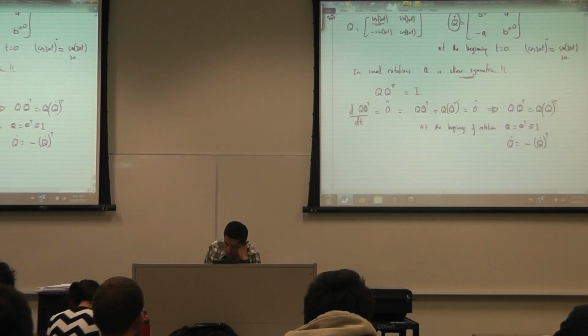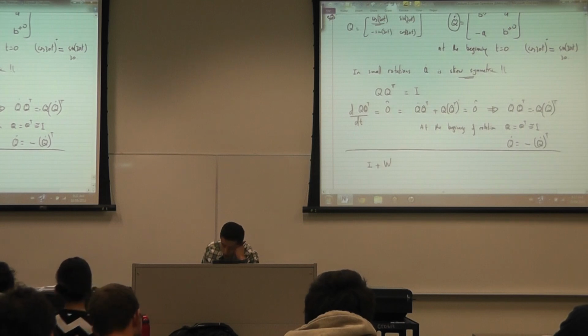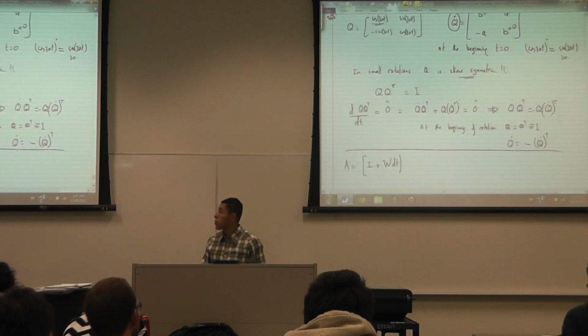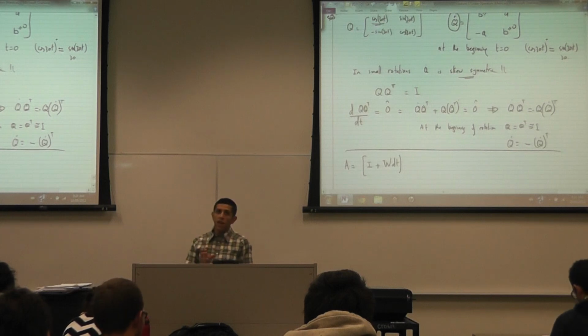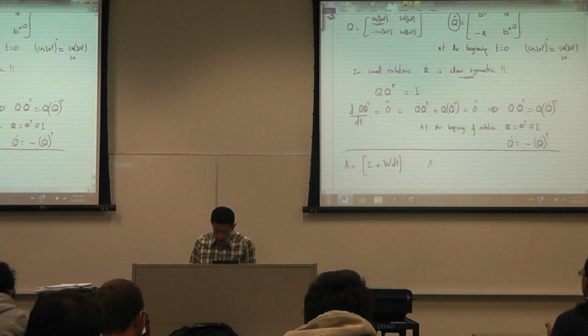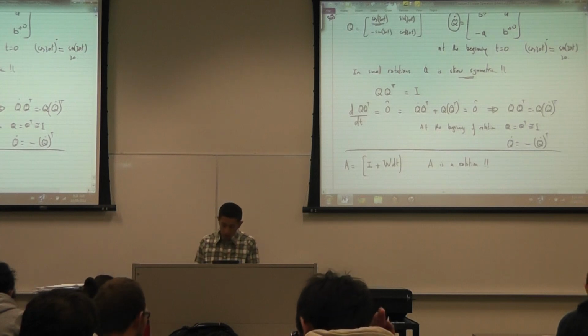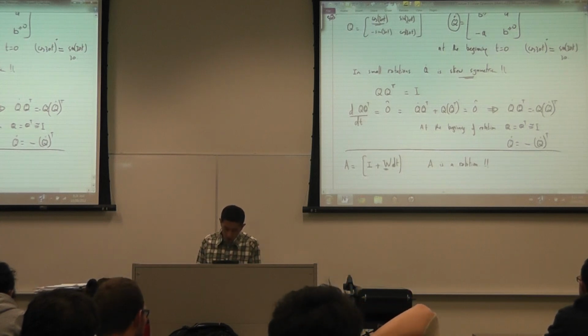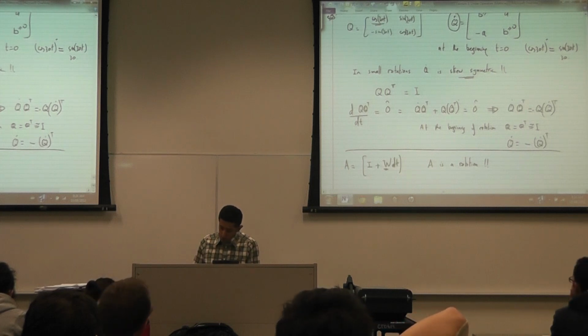What we're trying to say is that if I add I plus this rate of rotation, W, multiplied by dt, let's call this matrix A, then A is a rotation. Because this describes its rate multiplied by dt, I should get a rotation.